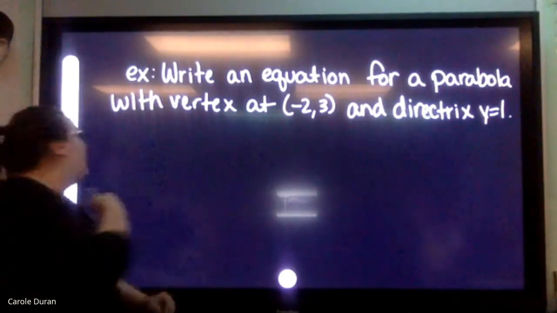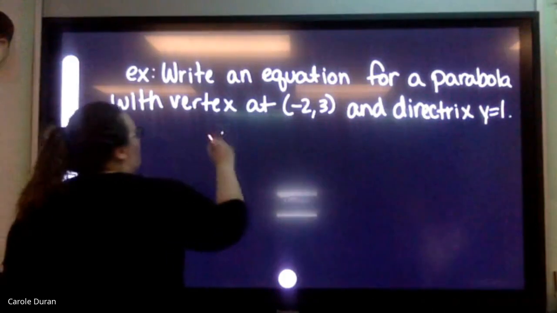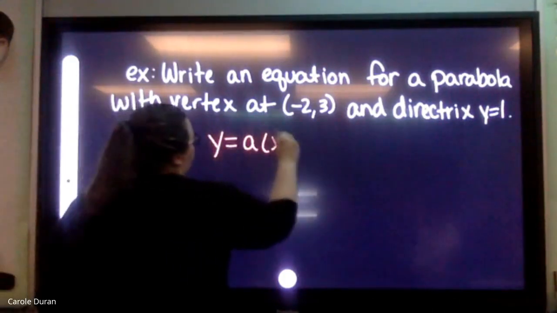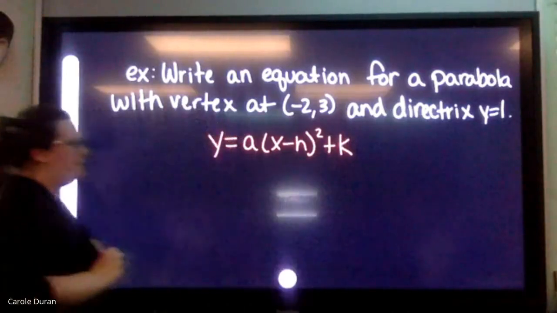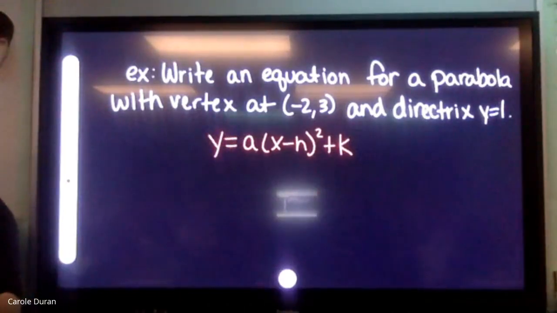So I know that I am using the equation y equals a times x minus h squared plus k. That is the equation that I need to be filling information into. Do I have any of that information ready to go and be plugged in? Yes. I have h and k.